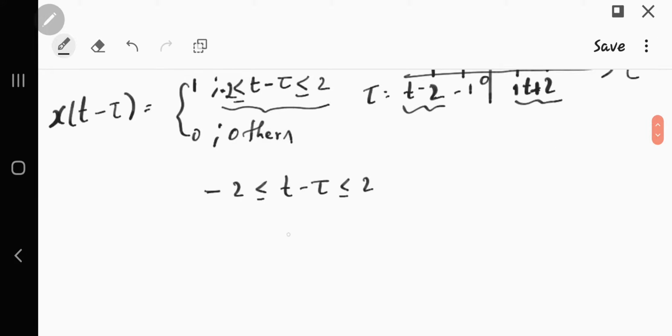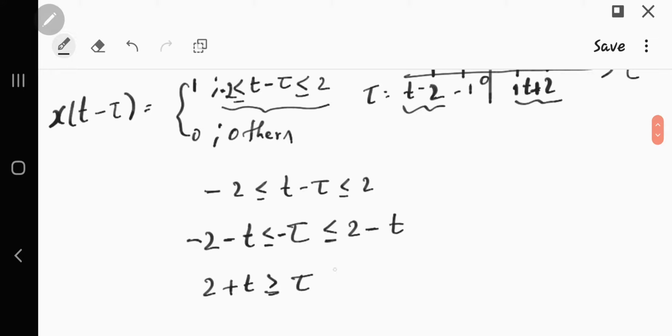We want tau alone, so move t to the other side. That means this will become minus t, and here 2 minus t, multiplied by minus. So then what happens to this one? 2 plus t, this will become greater than or equal to, and this becomes t minus 2.